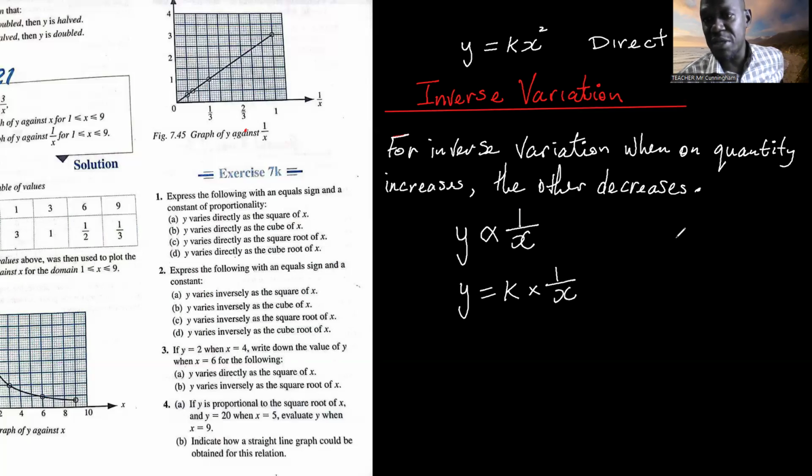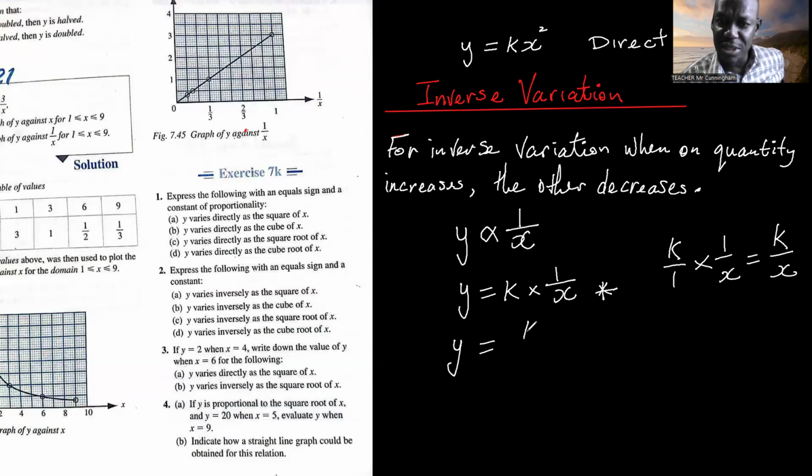Tell me something: k is the same as k over 1, multiplied by 1 over x. What would that give me? It gives me k over x. So you could either write it like this, or you could write it as k over x. They are the same.